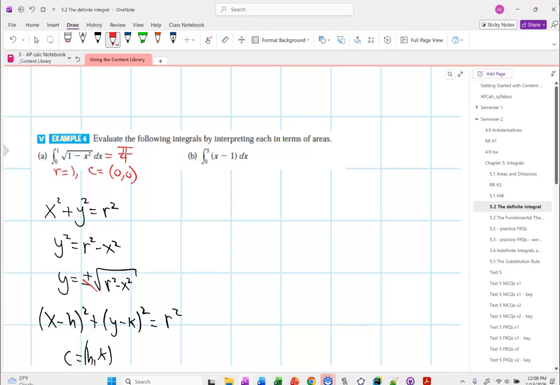Let's look at the next one. x minus 1. What is that? What's the graph of that look like? Straight line, right. What else can you tell me about the straight line? Y-intercept at -1. And what else?